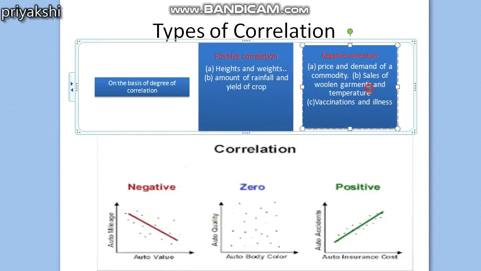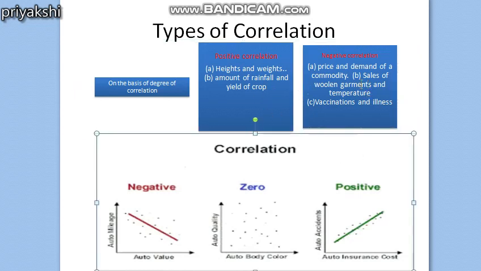Examples of negative correlation are price and demand of a commodity; sales of woolen garments and temperature, so sales of woolen garments will increase if the temperature decreases, or vice versa, sales of woolen garments decrease if the temperature increases; then vaccination and illness. We all know that the more people are vaccinated for a specific illness, the less that illness occurs. So these are some examples of positive and negative correlation.